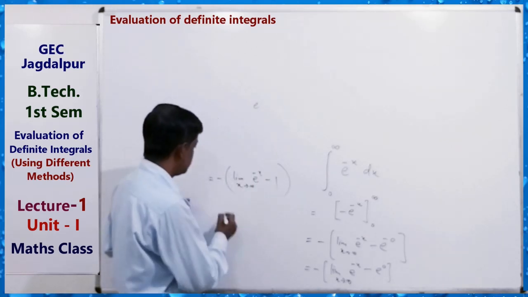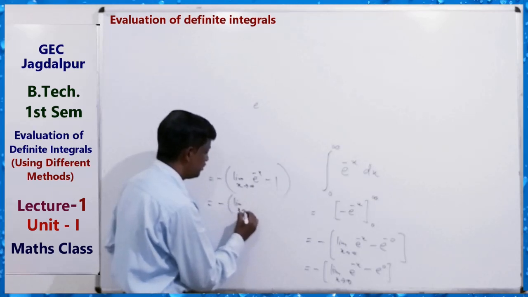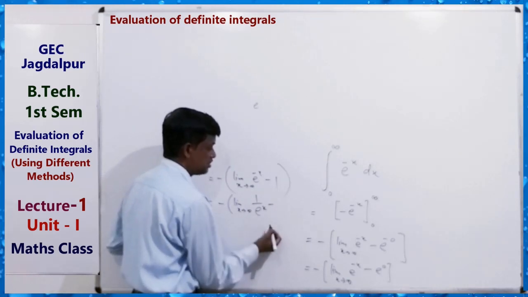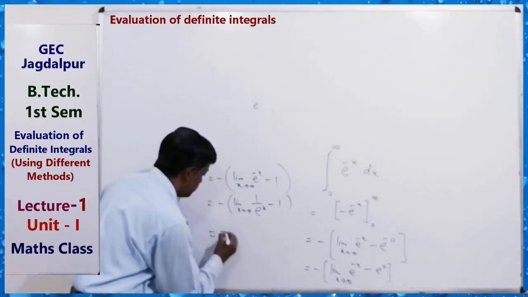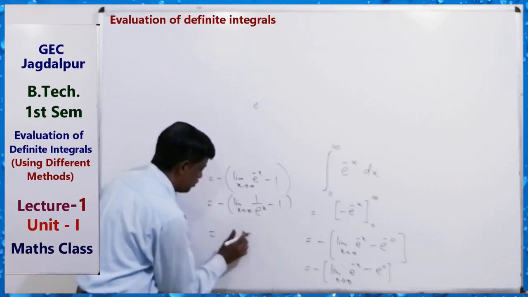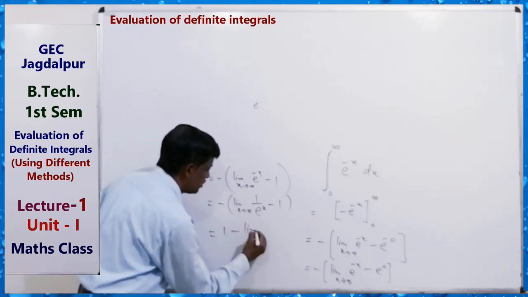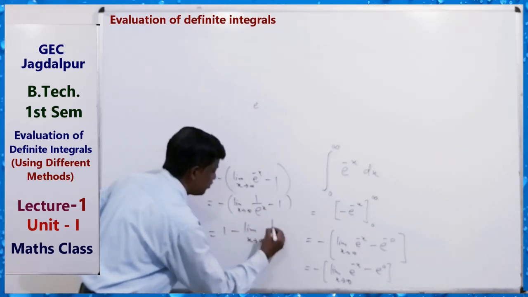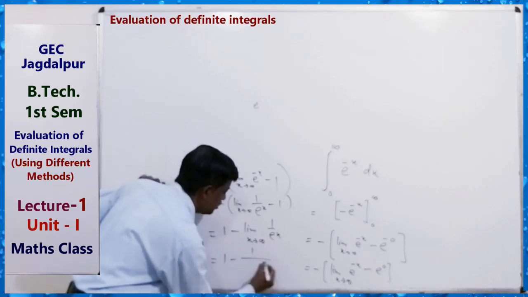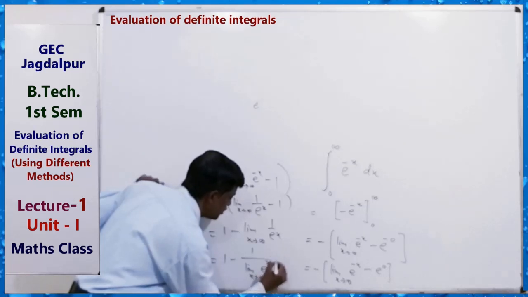That means minus, limit x tending to infinity of 1 upon e to the power x minus 1. And now the minus can be inserted here. So 1 minus limit x tending to infinity of 1 upon e to the power x. This is 1 minus 1 upon limit x tending to infinity of e to the power x.